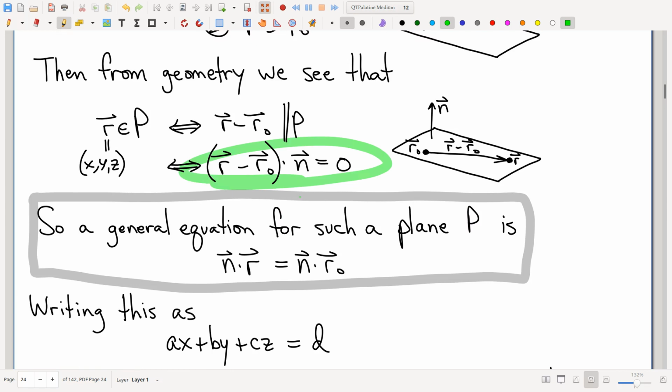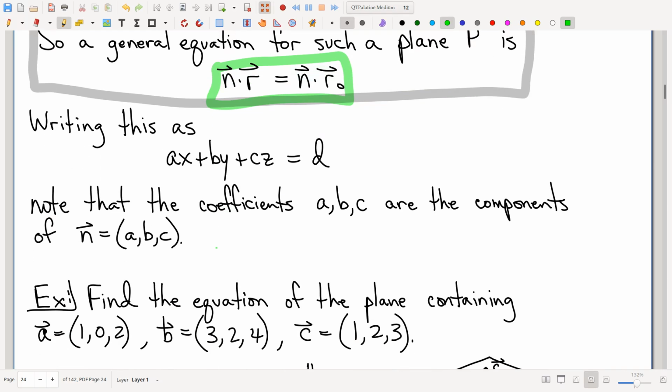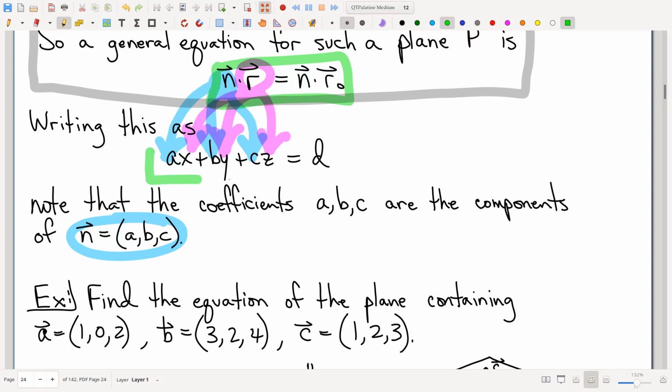So this equation here can be rearranged into this, and I think this is probably the more common form of the equation. Now, if your normal vector has coordinates a, b, c, and of course our r vector, the vector that we're testing, is x, y, z, then notice that green equation turns into this other green equation: ax plus by plus cz equals d.